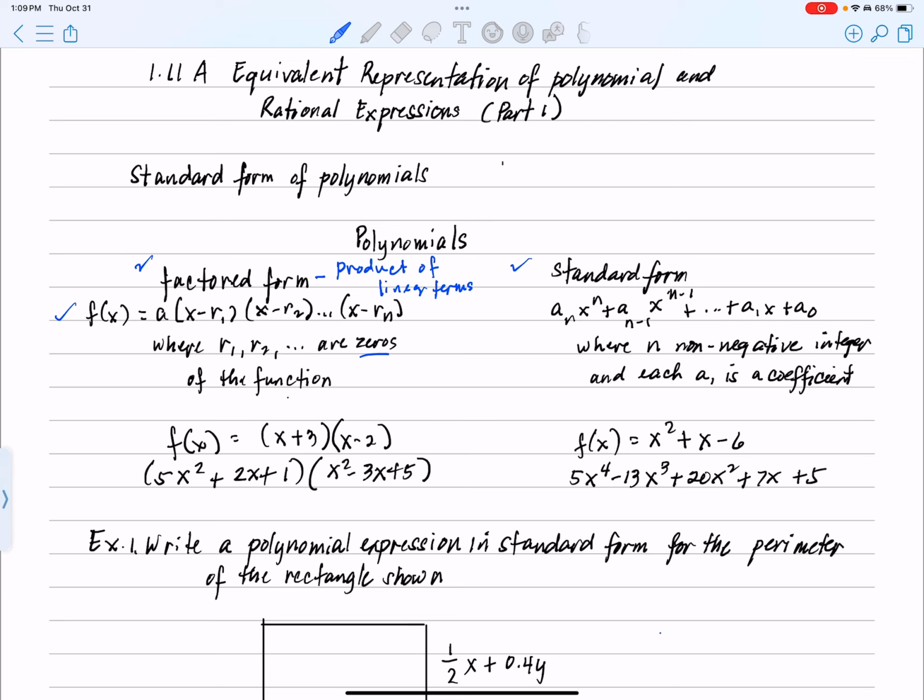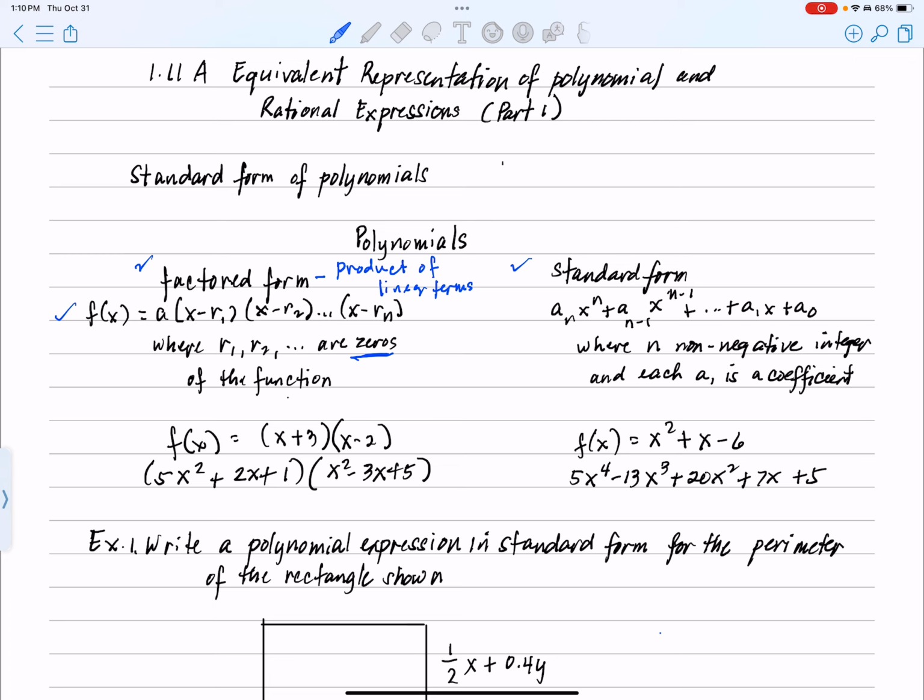And that x corresponds to the x-intercepts on the graph of the function. So converting a polynomial to factored form allows us to easily identify the real zeros.